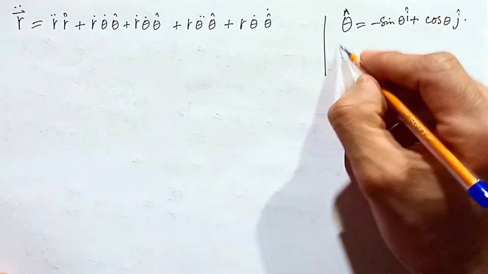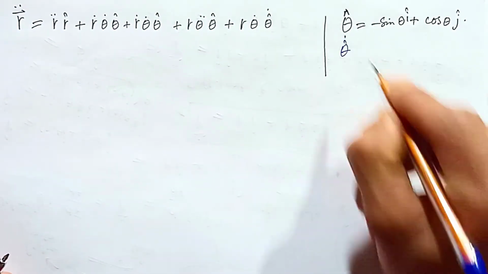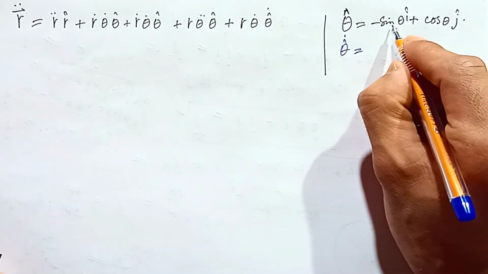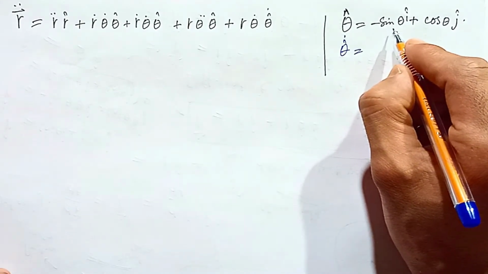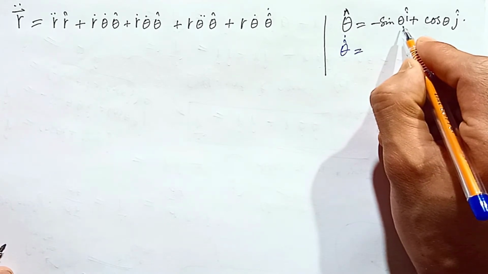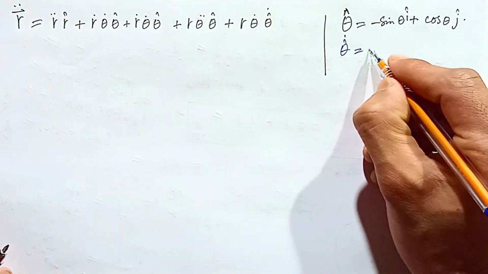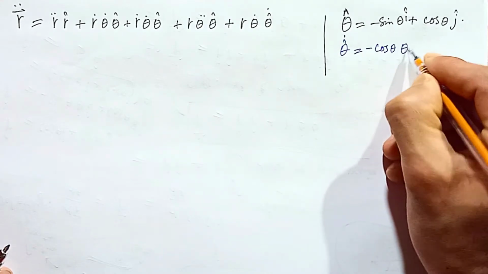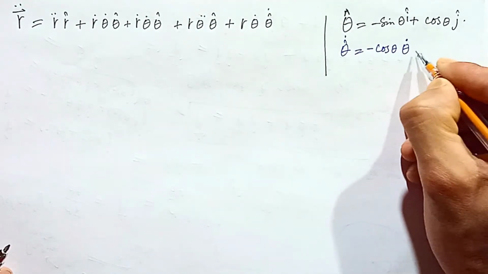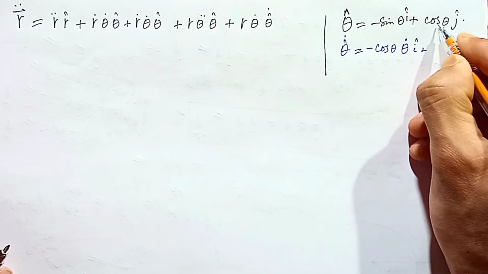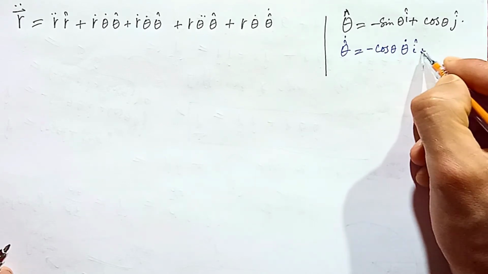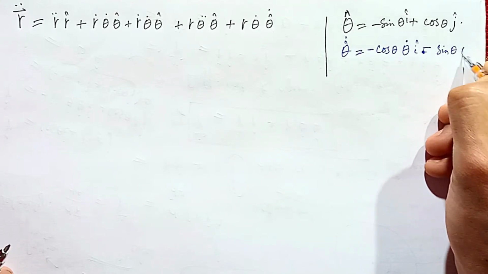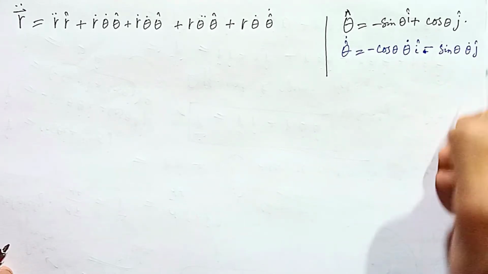So theta hat dot with respect to time: differentiation of sine is cosine, but again then differentiate theta, that is theta dot. So we get cosine theta times theta dot i, plus cosine of theta differentiation is minus, so we'll get minus sine of theta, theta dot along j.